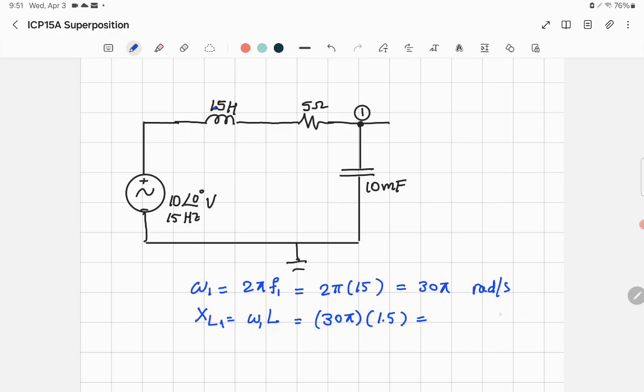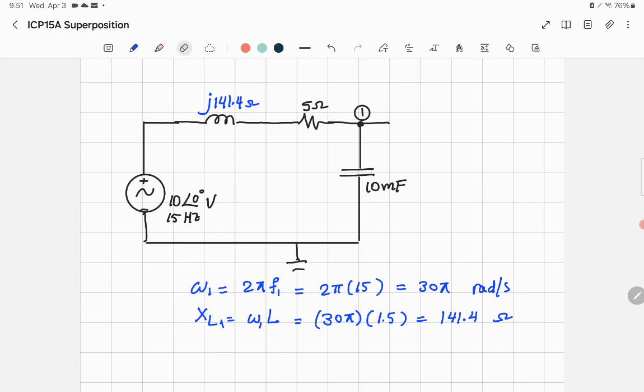You multiply, and you get the unit in ohms, 141.4 ohm. That's XL1. Since we found XL1, we put the value of the impedance. We use positive j because it's an inductor, so jXL, so j141.4 ohm. All right. For the resistance, it just stays the same, 5 ohm. The impedance equals the resistance, that's fine.